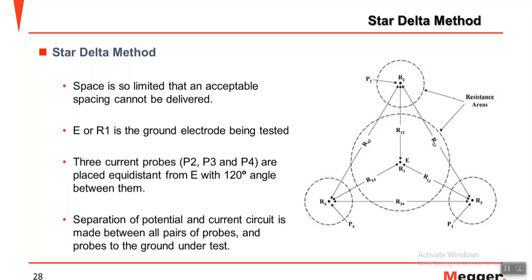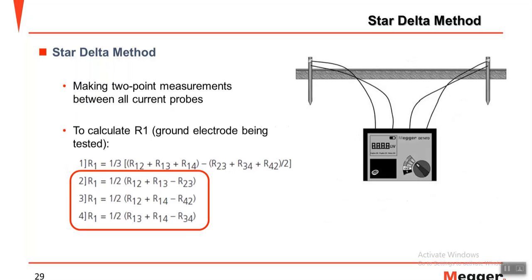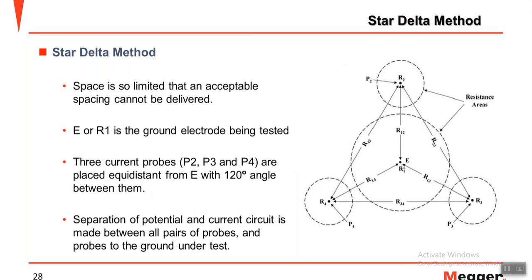On this method, there is quite a lot of math to determine whether your measurement is valid, or whether you need to retest your measurement. Sorry. From this one, this is the ground under test E, or R1.